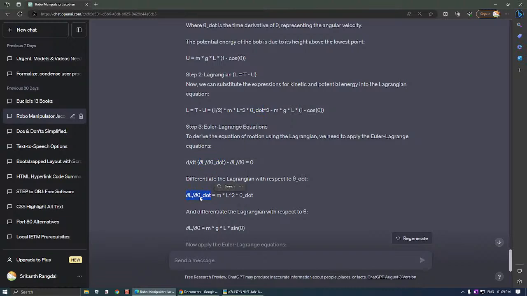So when you differentiate it partially with respect to theta dot, the differentiation of this entire term is going to be 0. We are differentiating this term with respect to theta dot.